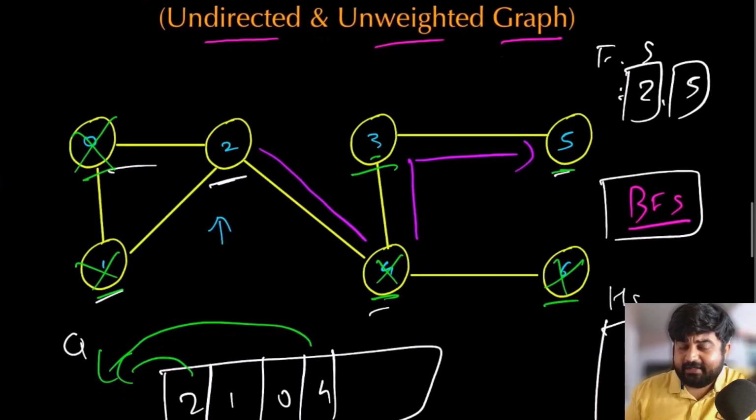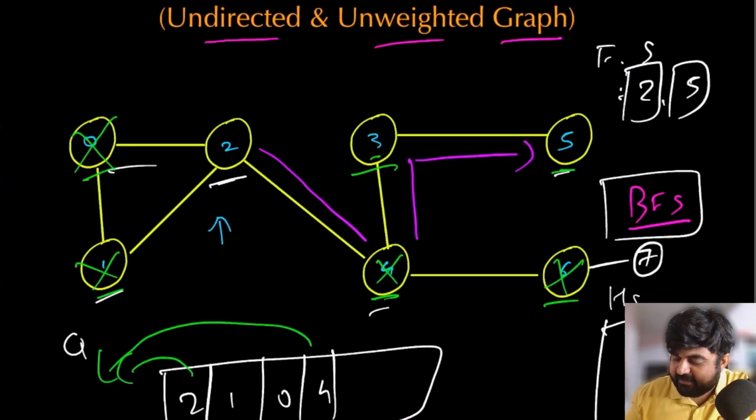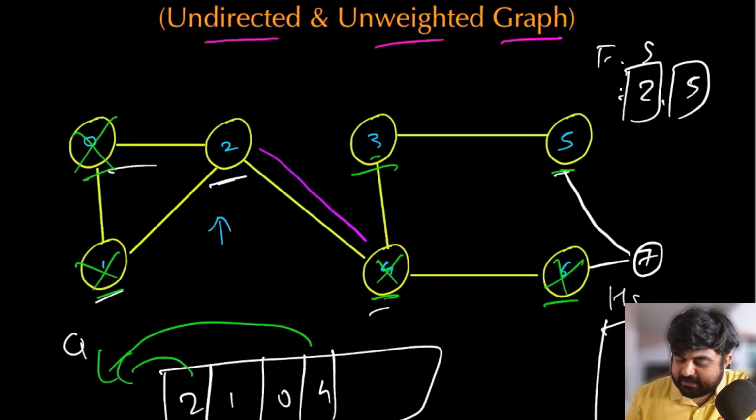Say for an example, if it happens that there exists another path as well, and suppose that path is that even from this 6 we have, say for an example, one more node, let's just say 7, and then this 7 is also pointing towards 5. Now what would happen is that there are 2 paths that exist that lead us from value number 2 to value number 5.